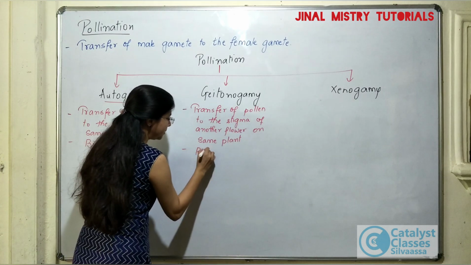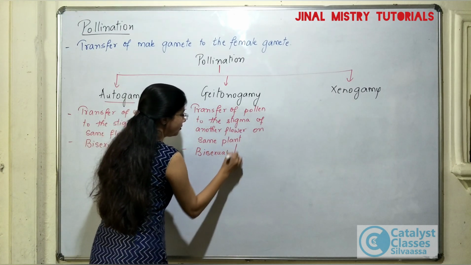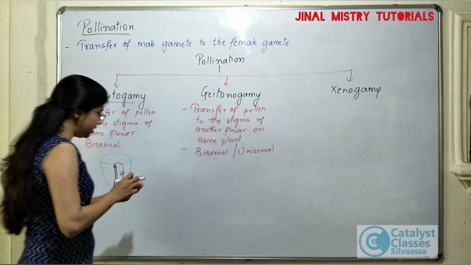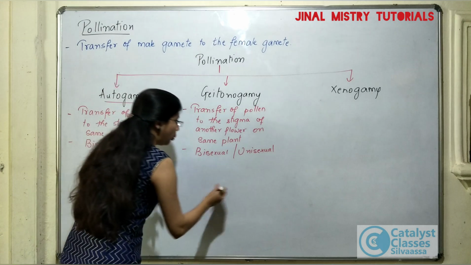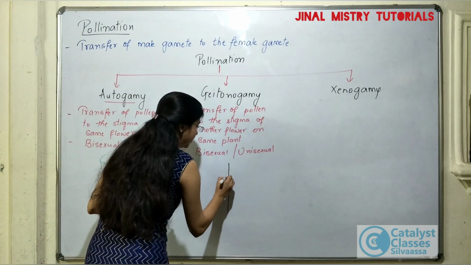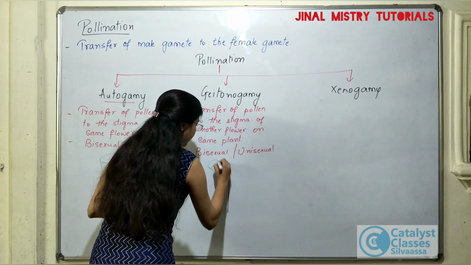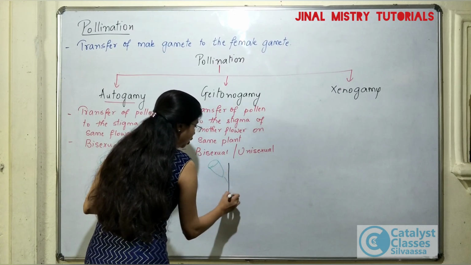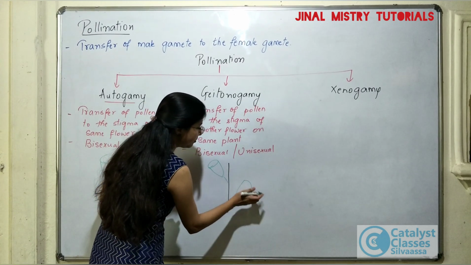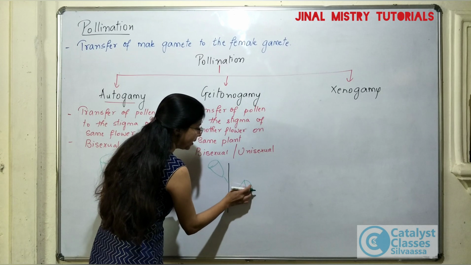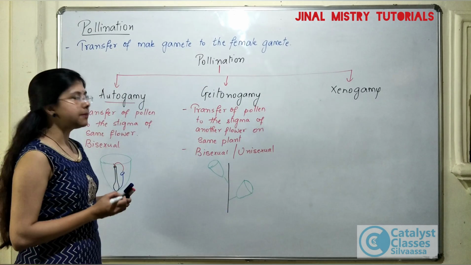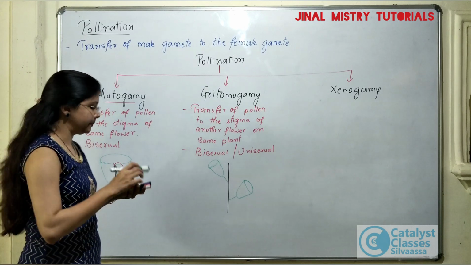Here the flowers can be bisexual, or in the majority of cases unisexual. On the same plant there will be unisexual flowers developing, or there are certain plants in which the flowers are bisexual. But in either case, the transfer of the pollen to the stigma will be to a different flower only.